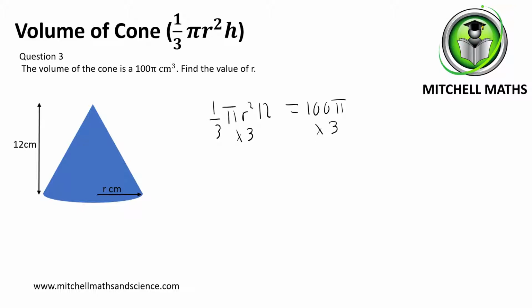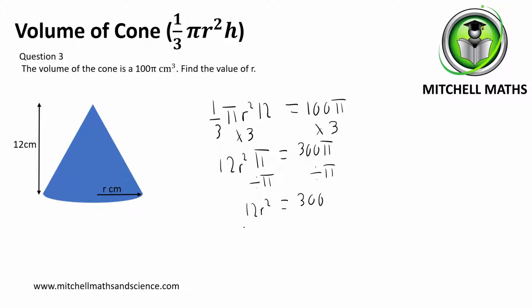First thing I'm going to do is times by 3 to get rid of the third. That will leave me with, I'll write the number first, 12r squared pi, I've got rid of the third, equals 300 pi. I can divide by pi, which will get rid of it on both sides, and I'll be left with 12r squared equals 300.